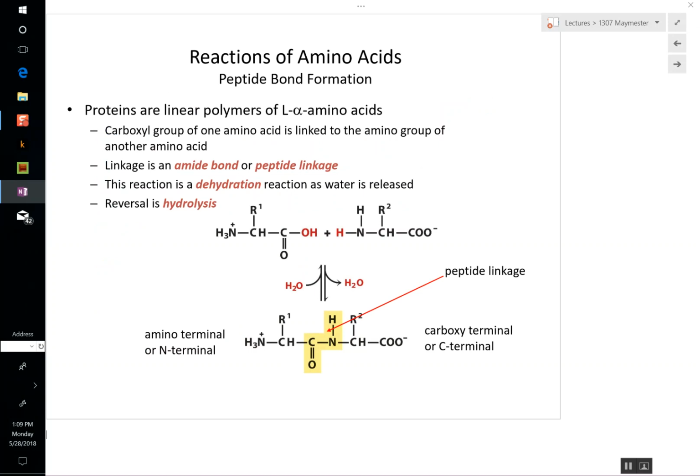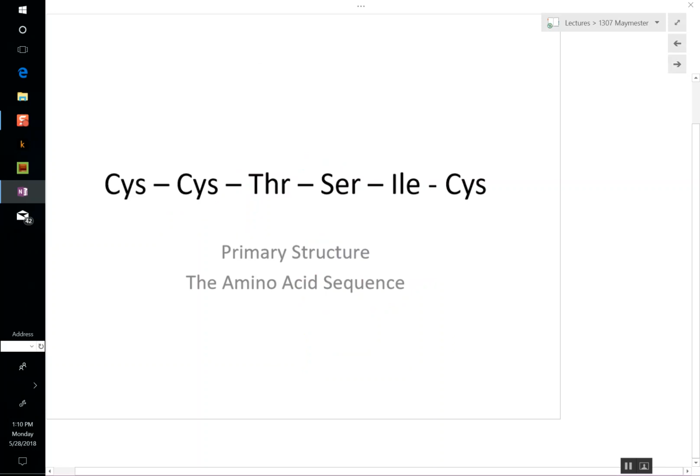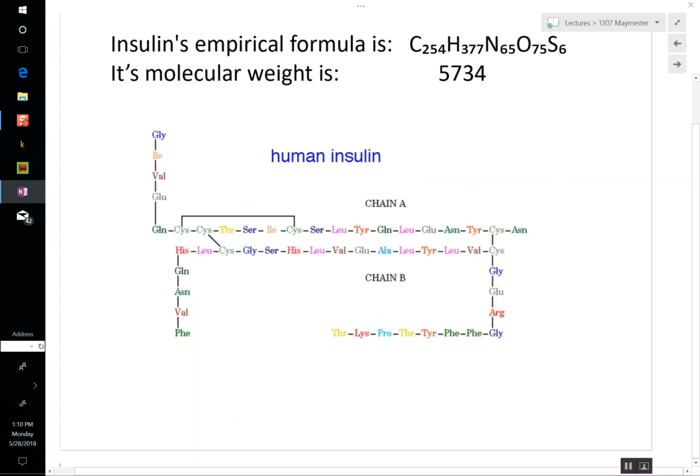Samantha, I think we can turn this light back on again. Thank you. We're going to start bringing these up and building our insulin molecule from the nitrogen end, moving to the carboxyl end. We'll move along in a certain sequence. And what is that sequence going to be?